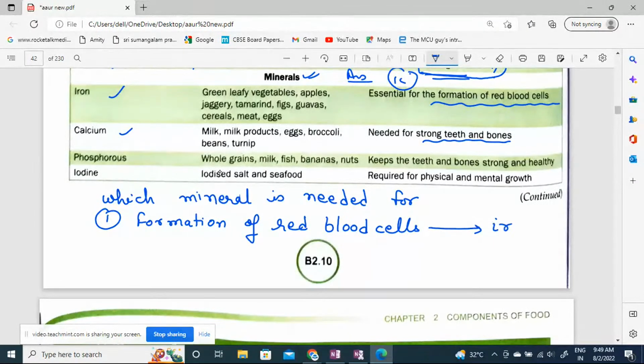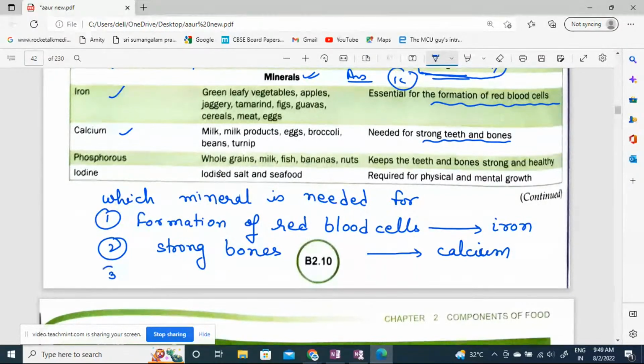Answer is iron. Strong bones. Calcium. We used to give the pills of calcium to small children.